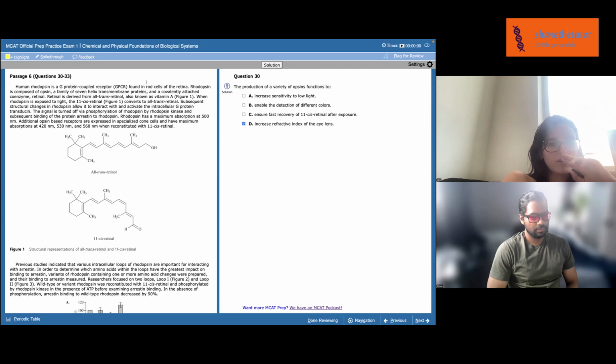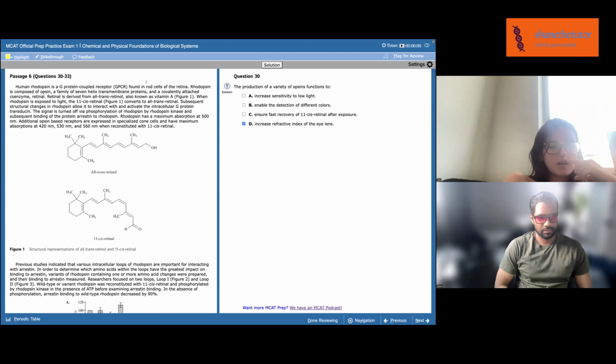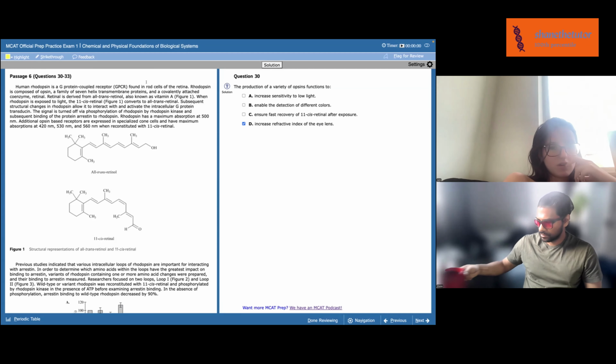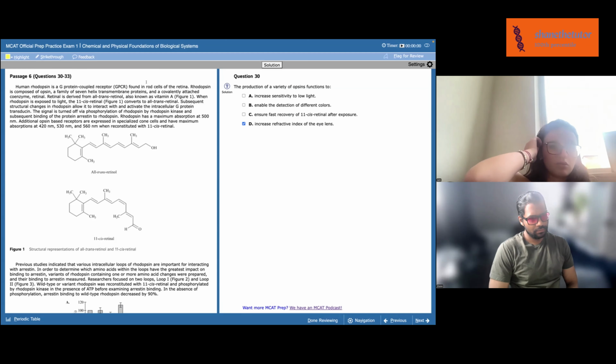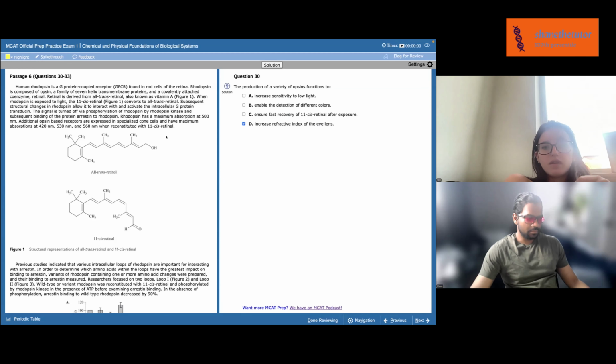The signal is turned off via phosphorylation of rhodopsin by rhodopsin kinase, and subsequent binding of the protein arrestin to rhodopsin. Rhodopsin has a maximum absorption of 500 nanometers. Other opsin-based receptors are expressed in specialized cone cells with maximum absorptions of 420 nanometers, 530 nanometers, and 560 nanometers when reconstituted with 11-cis retinal.